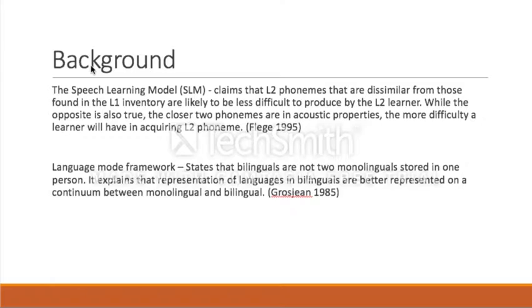So it explains the representation here as a way of being on a continuum, so that a bilingual is not really two monolingual speakers in one brain, but they do have two languages stored in one brain, and it's more of a continuum. So it goes from being a monolingual to a bilingual. And depending on the context of which the speaker finds themselves in, they'll be somewhere along this continuum.